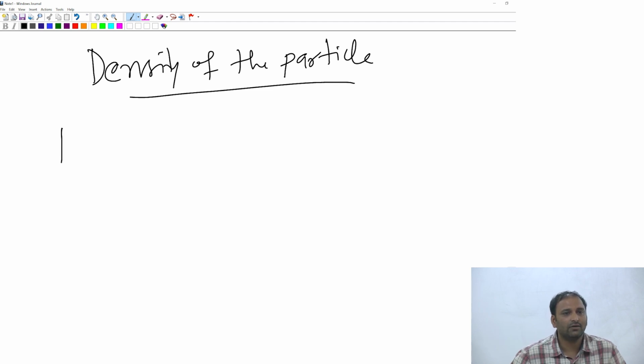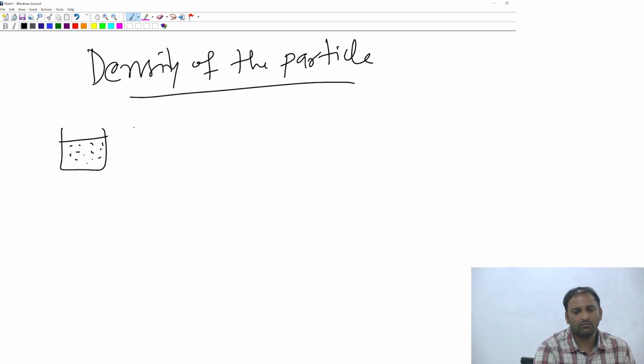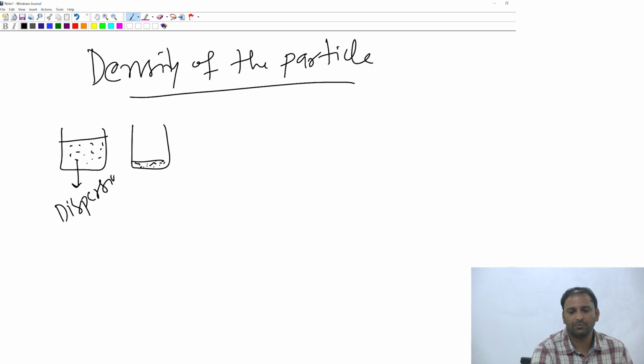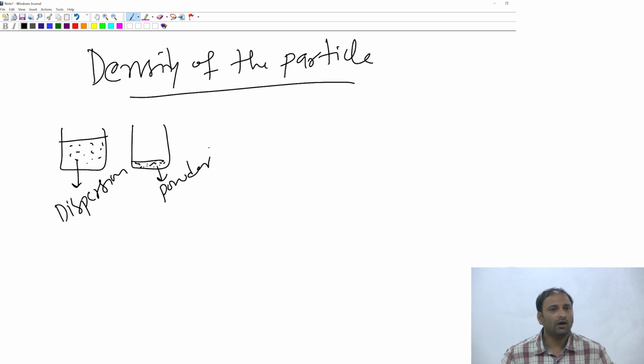Say I have either a liquid that contains some particles, which could be a dispersion, or say I have some powder sample, and I would like to measure what the density of the particles in the system is. So what do you think is the best way of doing this? Some thoughts?